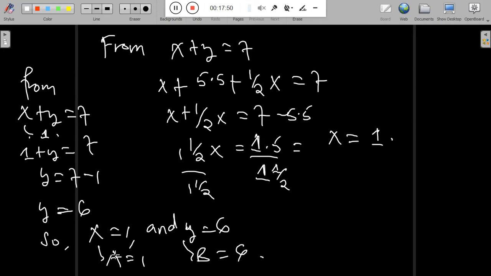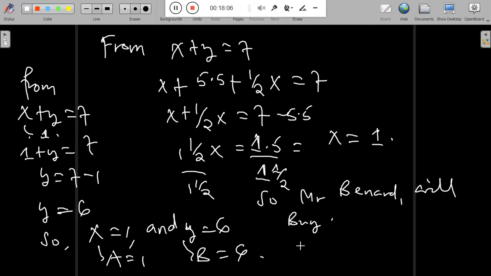So for that case, we need to understand that the consumption bundle that maximizes the utility function for Mr. Bernard will be A is equal to 1 and B is equal to 6.